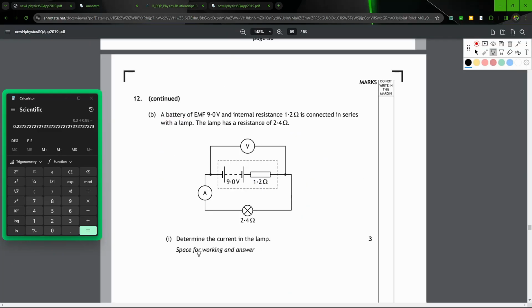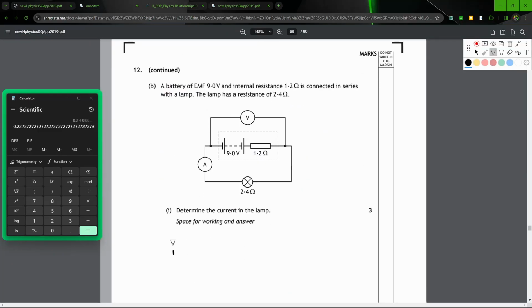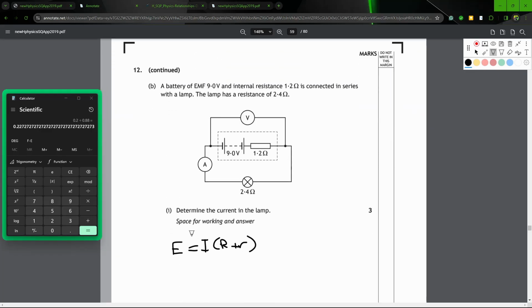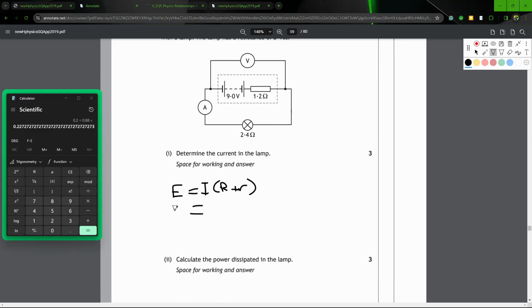Well, don't worry, because you can use E equals I times R plus r, and that's because we get it from E equals V plus Ir, but V equals IR in itself. Then you can divide both sides by I. So we know the electromotive force.